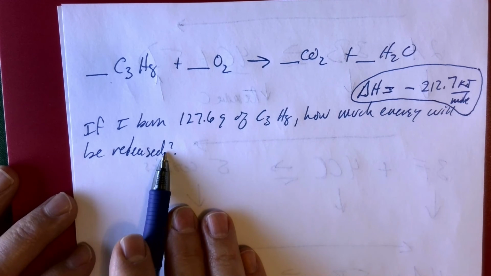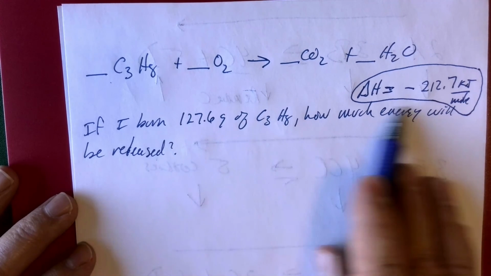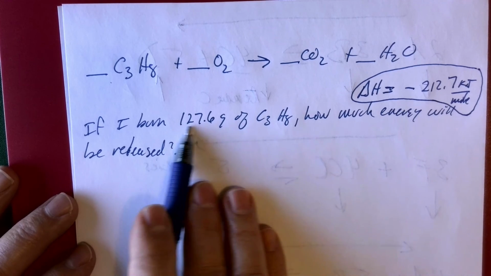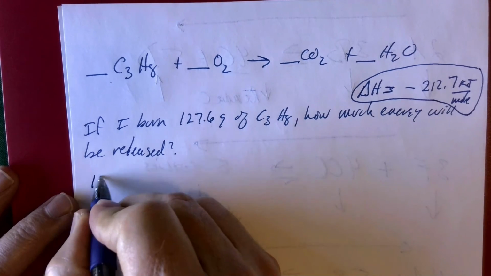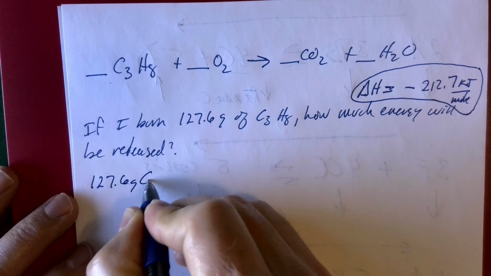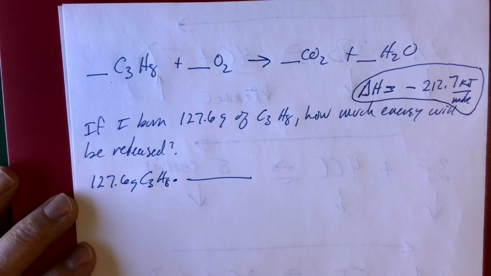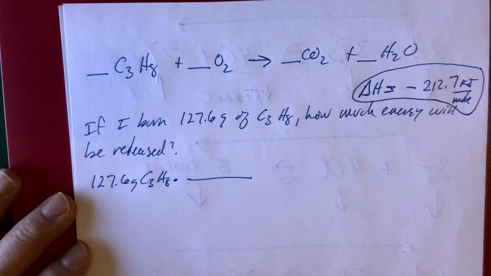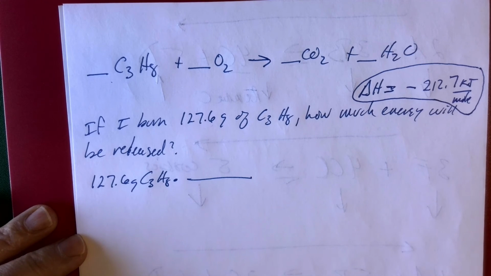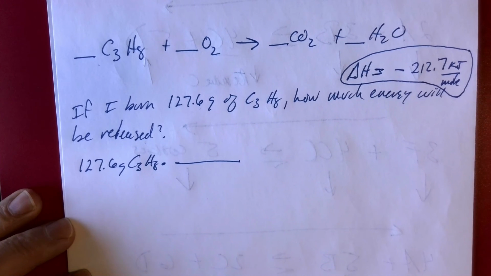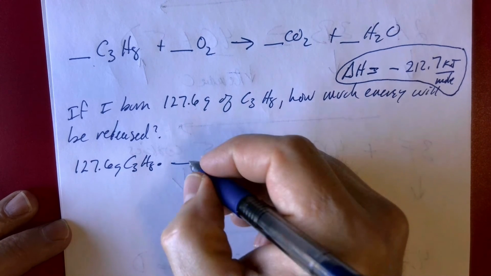So, how am I going to figure out how much energy is released if they give it to me in grams? Who remembers where we went very first? You'd have to convert grams to moles. Okay, and how would I do that? What's going to go in my numerator?